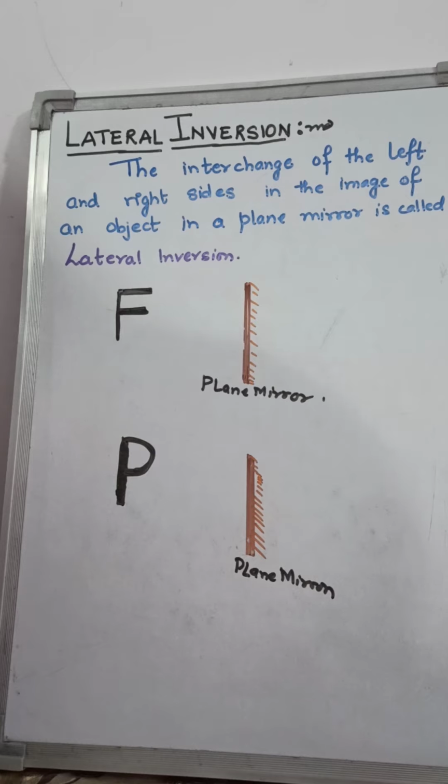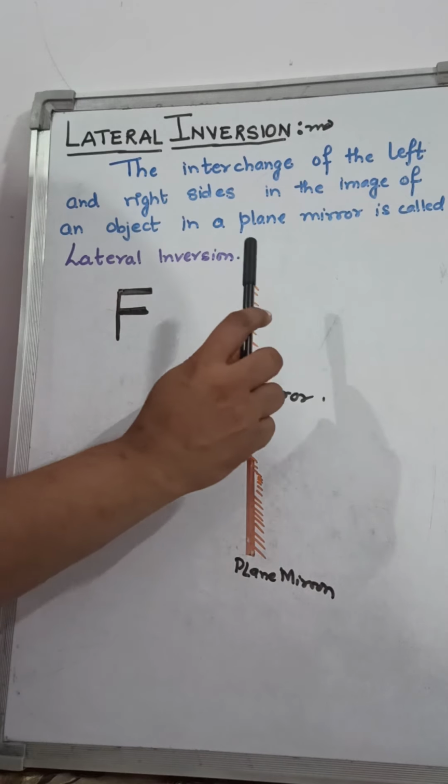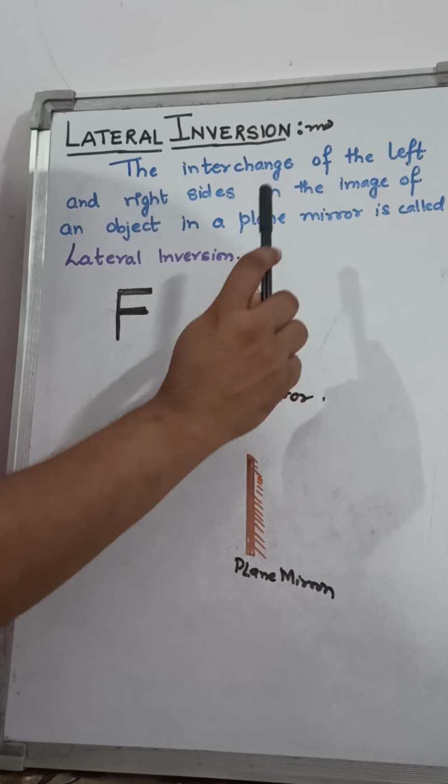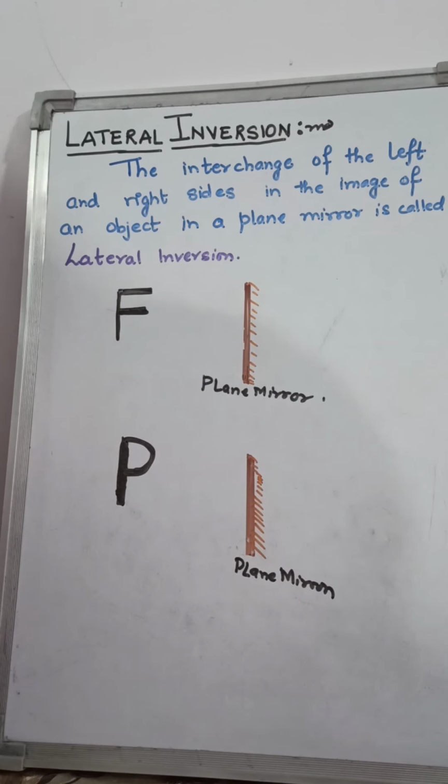Similarly, the pocket on the left will appear on the right when you see through the plane mirror.